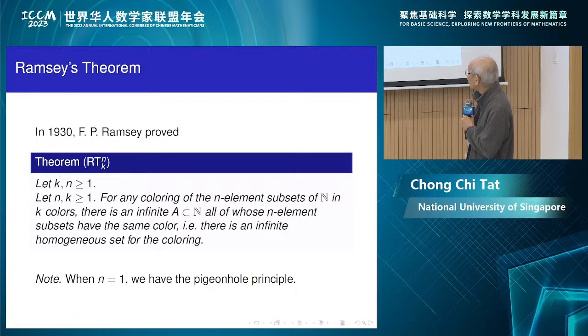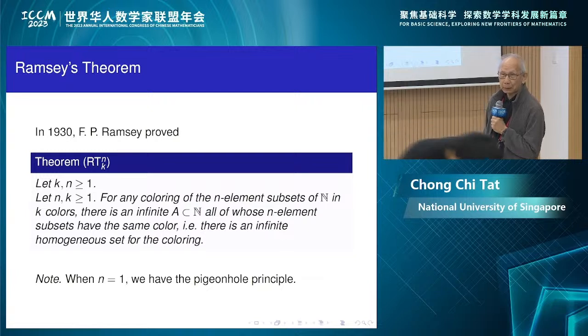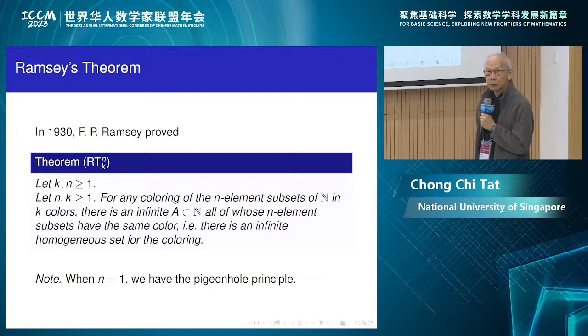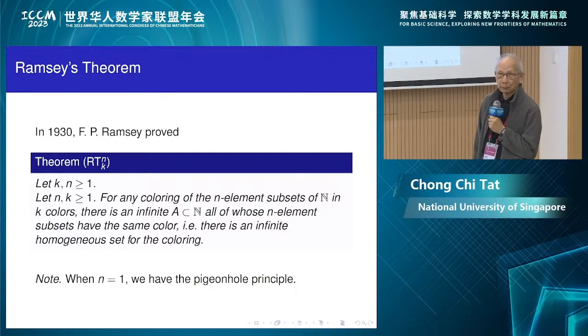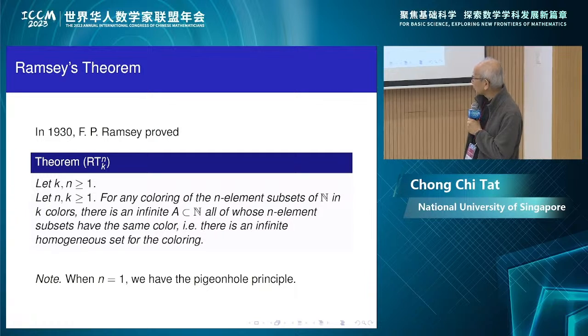So that is the simplest version of Ramsey's theorem, but in general, when n is bigger than 1, it turns out to be a non-trivial matter to look for a homogeneous set for a given k-coloring of the n-size subsets of the set of integers.